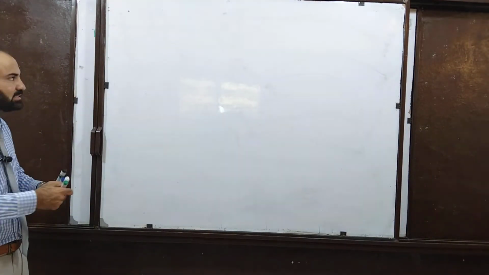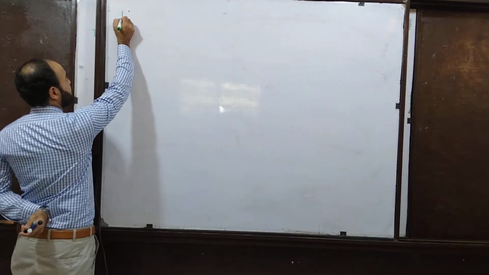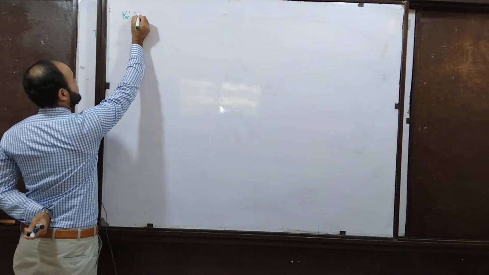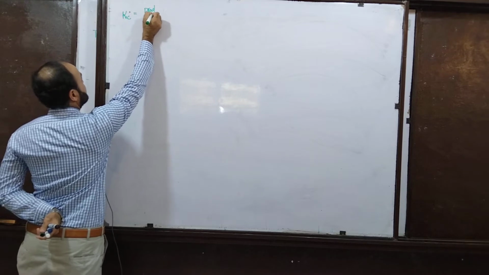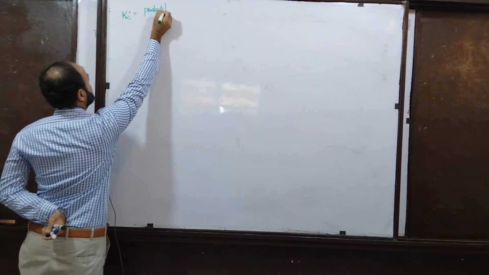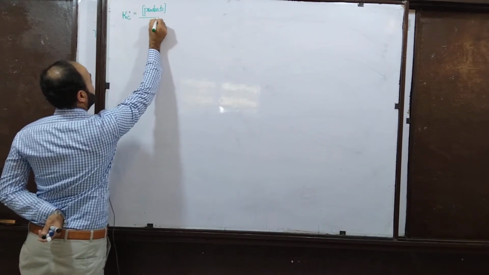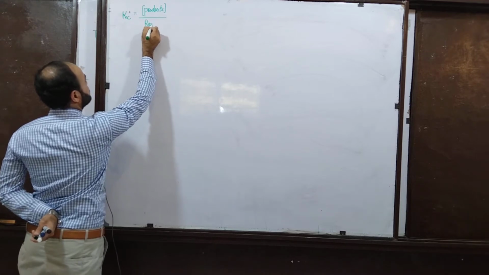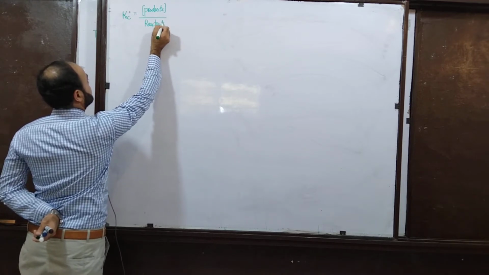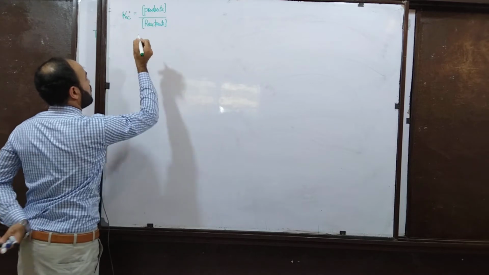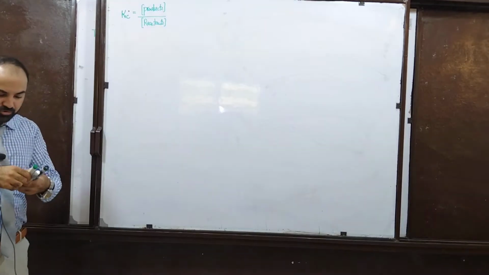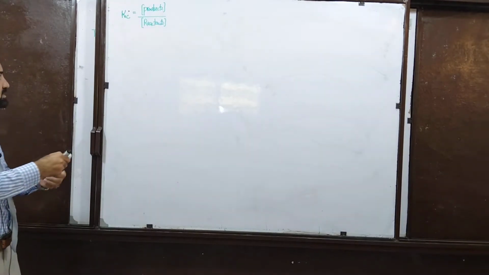Students, what is Kc? Kc is basically the products' molar concentration divided by the reactants' molar concentration. Remember dear students, I will write some points related to this equilibrium constant.